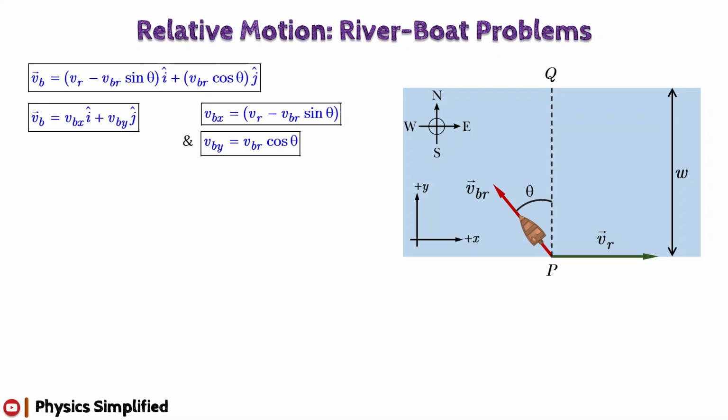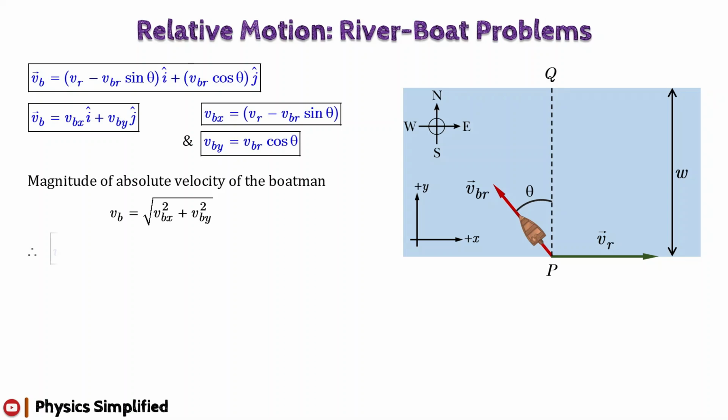Now we will calculate the magnitude of the absolute velocity of the boatman in this case. Since the x and y components of any vector are mutually perpendicular, the standard form of the magnitude of the absolute velocity of the boatman is given as v suffix b is equal to under square root v suffix bx squared plus v suffix by squared.